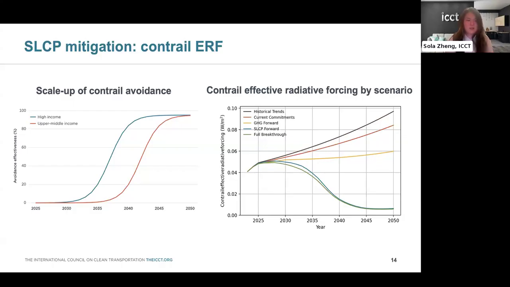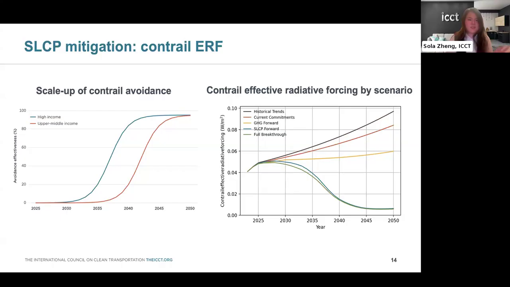Even though this seems like a very aggressive pace of scale up for the avoidance technologies, it is important to remember that contrail formation is very concentrated on a subset of the global flights. So specifically, if we were able to reroute 10% of the flights in the world, we would already achieve a 90% reduction in contrails.